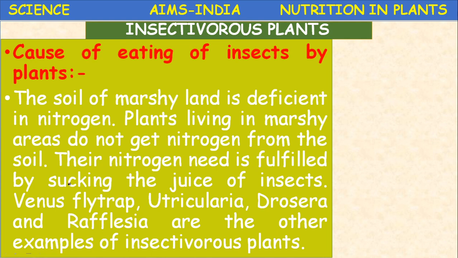So their nitrogen need is fulfilled by sucking the juices of insects. For example, Venus flytrap, Utricularia, Drosera, and Rafflesia, a parasite also, are the other examples of insectivorous plants.